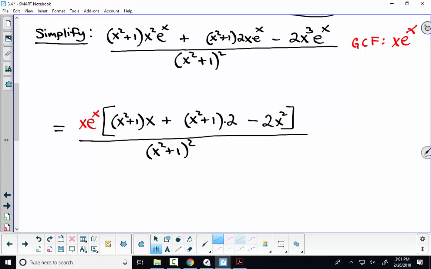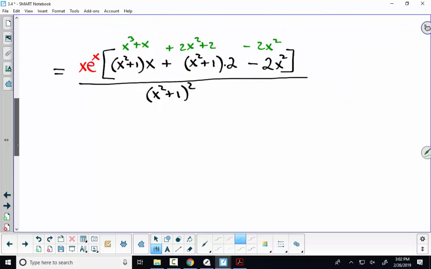So let's see what this comes out to be. We've got x cubed plus x plus 2x squared plus 2 minus 2x squared. So x e to the x. In the brackets we have what? No x squared.